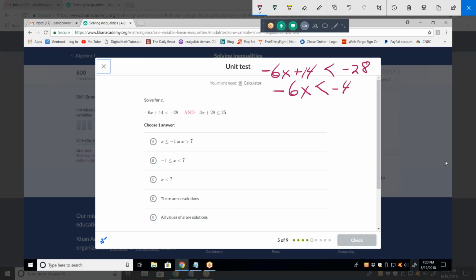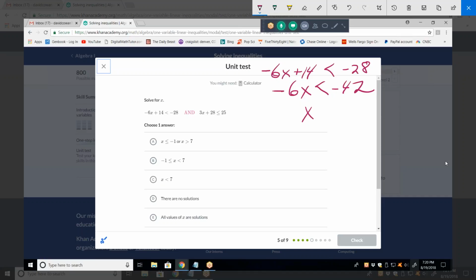Okay. For some reason, your mind wants to go right to left. In other words, you want to do the 42 first. But let's not forget the minus 6x is still there, even when you subtract 14 from both sides. What's the next line? So then it's x is less than.